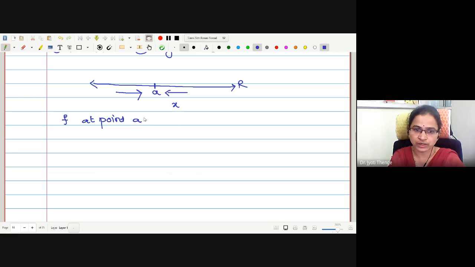Now what is the limit of a function at point A? When we say the limit exists, you know both the left and right limits. I will write directly.